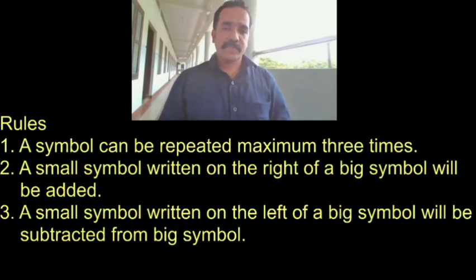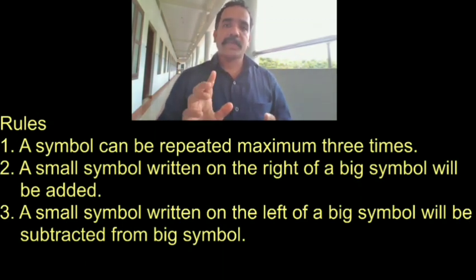The rules. If you want to make Roman numerals, the first rule: a symbol can be repeated maximum 3 times. Usually we make Roman numerals by repeating the symbols. If you are repeating a symbol, keep in mind maximum 3 times only.